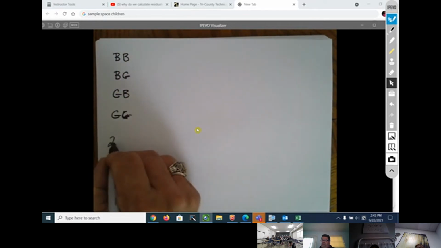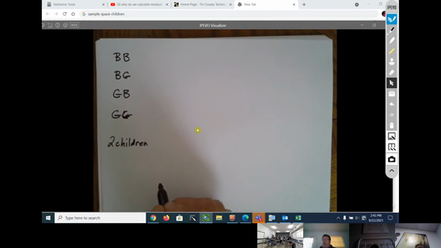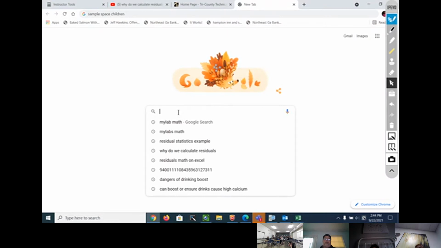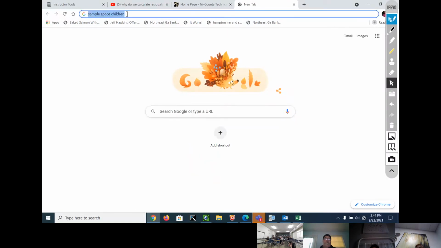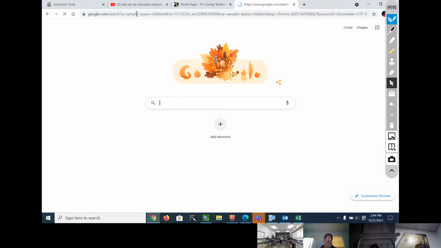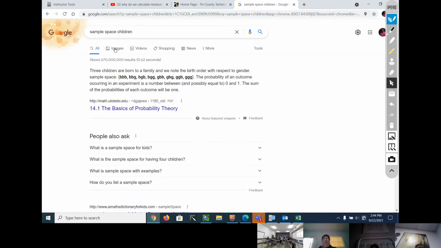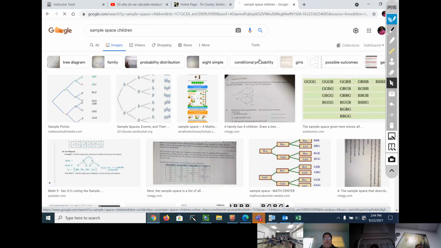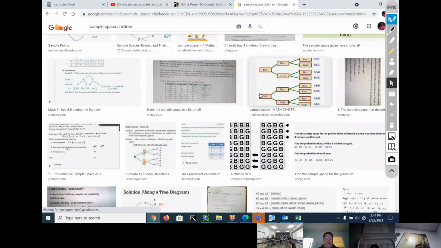This is 2 children. 3 children, and I'm going to show you those on the sample space because it's easier and quicker to have them on your index card rather than trying to figure it up. And here are the sample spaces. So I'm going to send these to you for the 3 people that are actually going to do it.